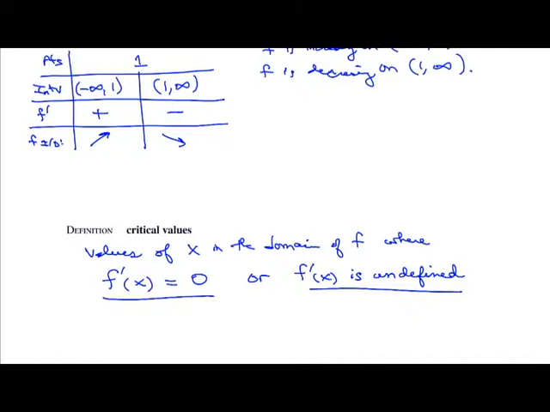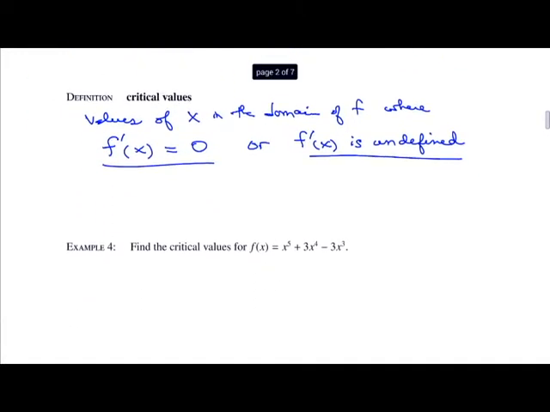Either one of these are going to be critical values, and they need to be considered in the box when we create the sign chart. So you're looking for where it's 0 or where it's undefined.